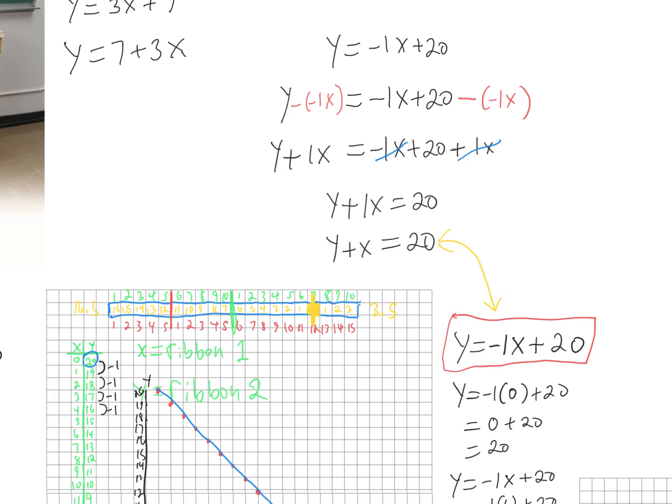Even though we're used to seeing the equation in this form, y equals mx plus b, in this situation we have y plus mx equals b. Just a different way of writing this equation.